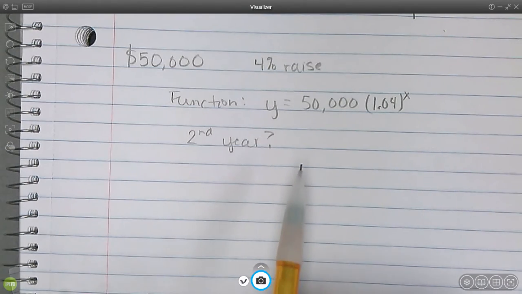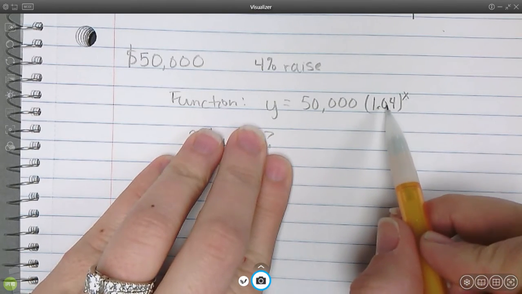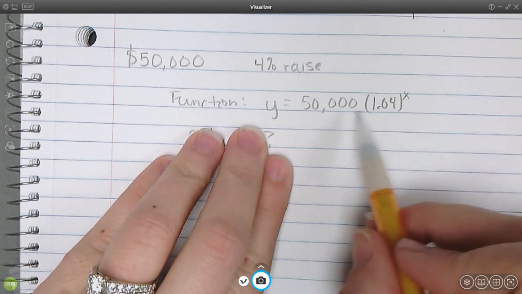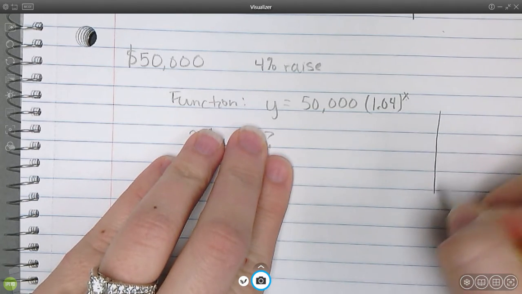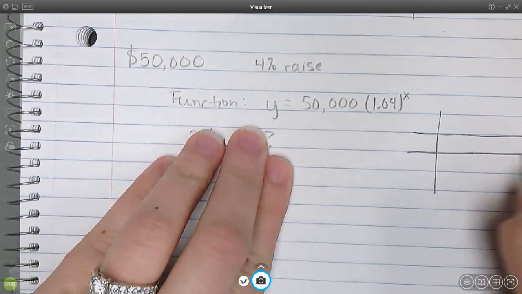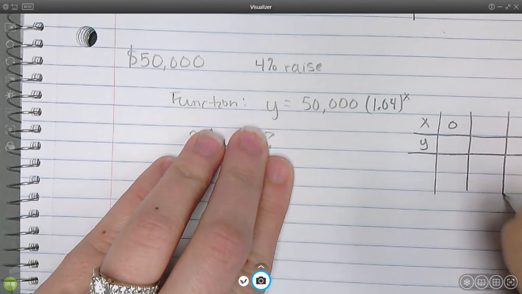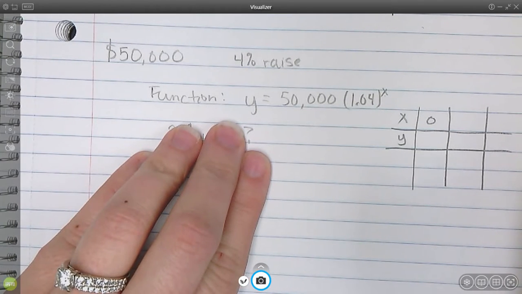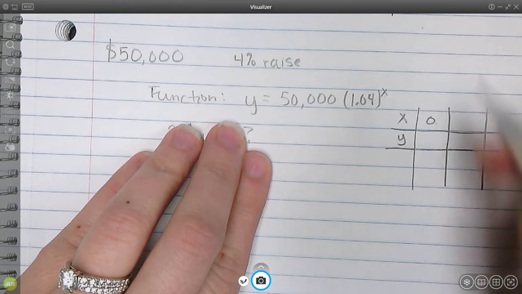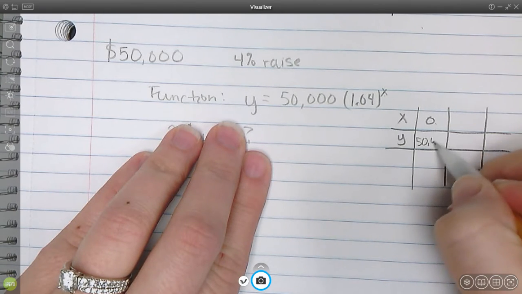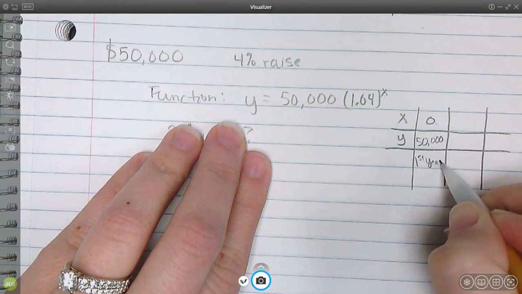So your salary for the second year, this is where it gets a little bit confusing. If I were to plug in a 0 here, 1.04 to the power of 0 is 1. $50,000 times 1 is 50,000. So almost for all of these problems, I'm just going to make this short little table because I think it helps to understand a little bit more. So if you plug in 0, you get 50,000. And that was my first year.